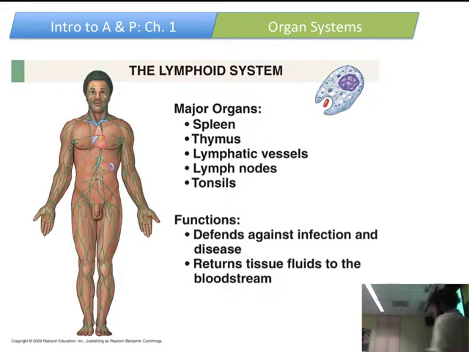The lymphatic system. Unfortunately, we won't get to study this at all, but it's a really fascinating system. Its major organ is the spleen, the thymus in infants, and then the lymphatic vessels, nodes, of which the most famous are the tonsils and the adenoids.